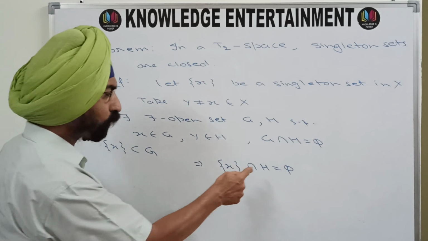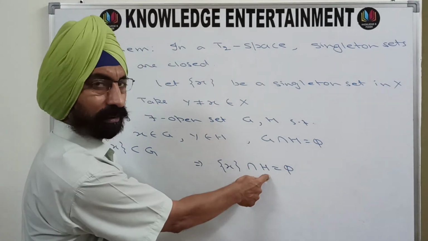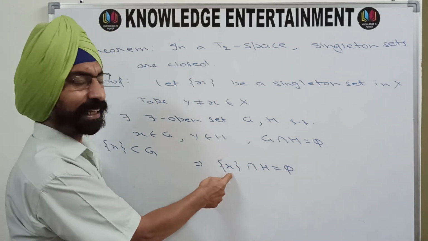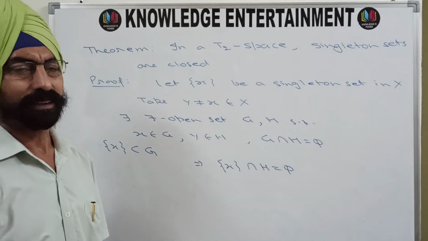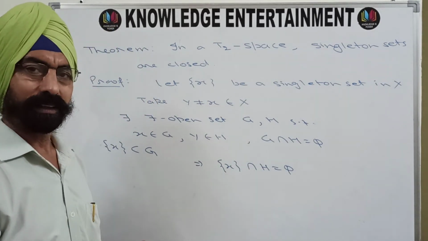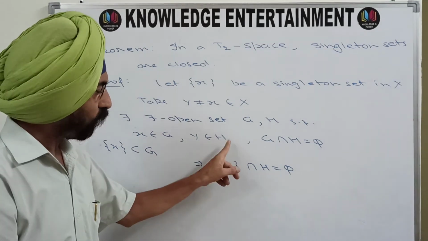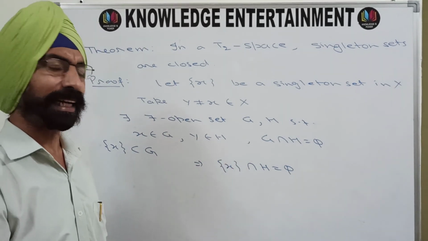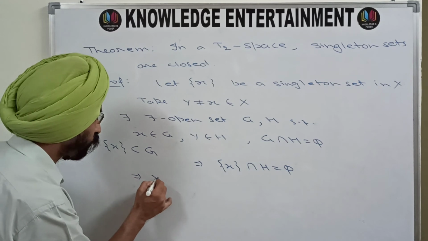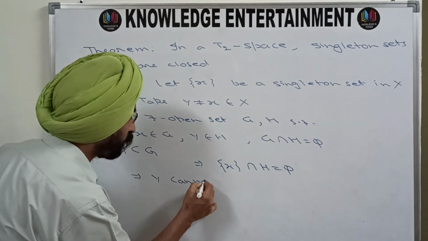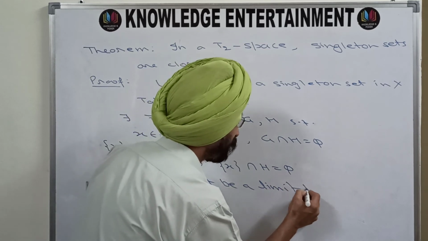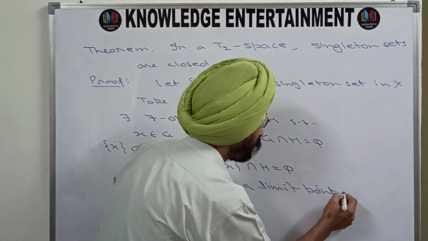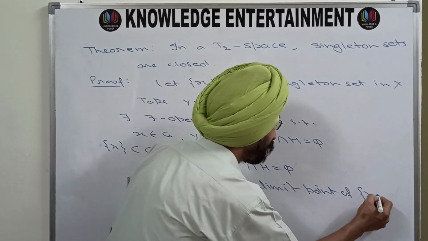So there is a neighborhood of y which intersected with the singleton set {x} gives you the empty set. That means y cannot be a limit point of the singleton set {x}.